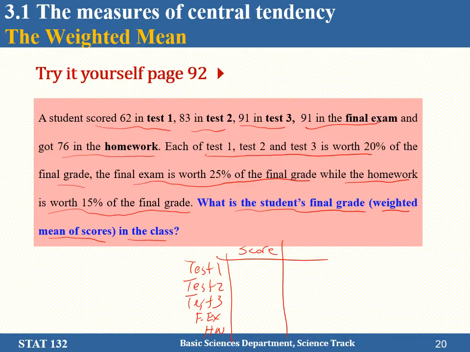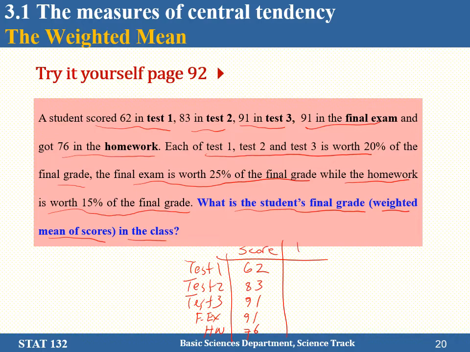Test 1 is 62, test 2 is 83, test 3 is 91, the final exam is 91, and from the homework you got 76.